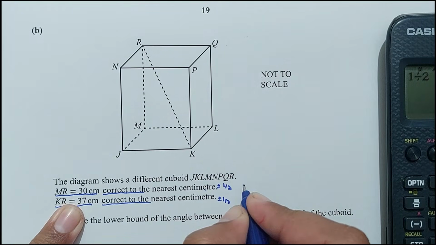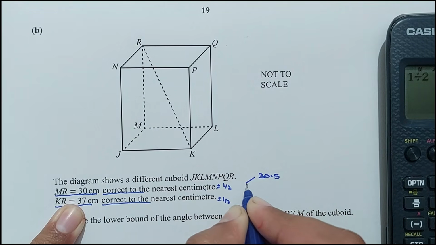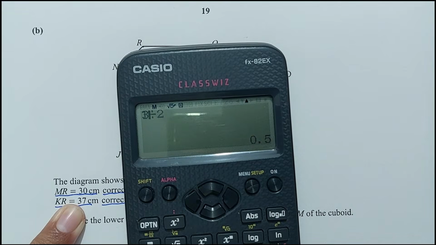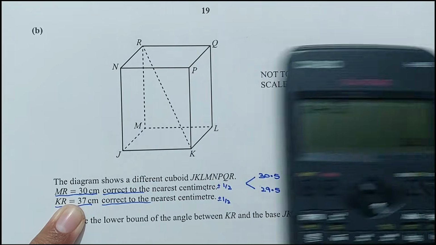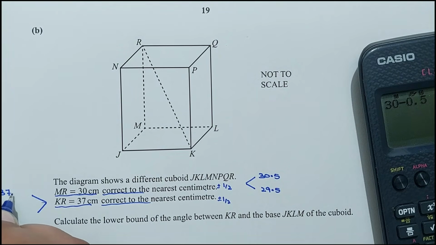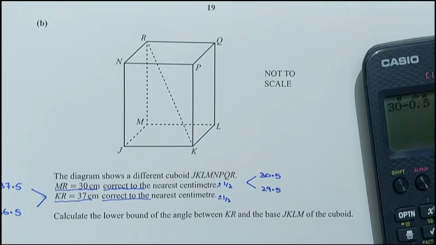So the upper and lower bounds would be 30.5 and 29.5, that is 30 plus 0.5 and 30 minus 0.5. For the other one, the upper and lower bounds are 37.5 and 36.5.